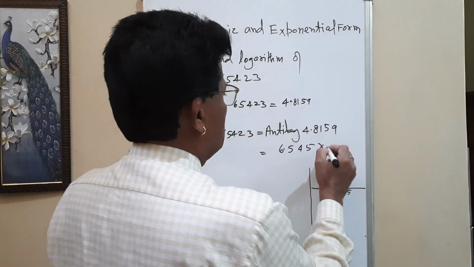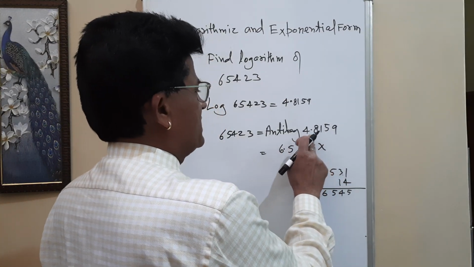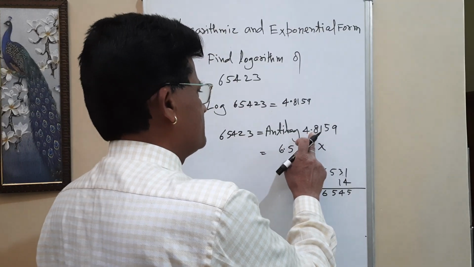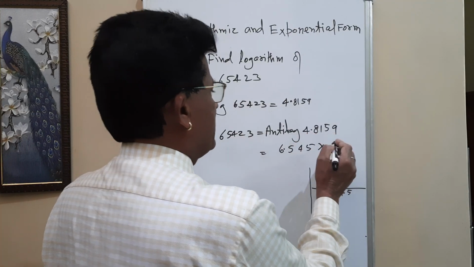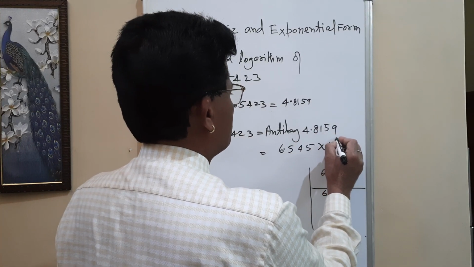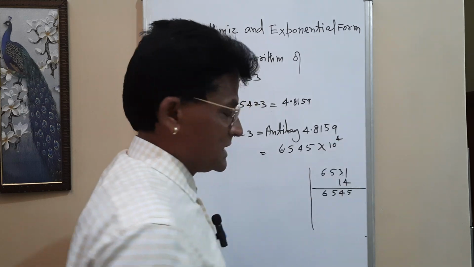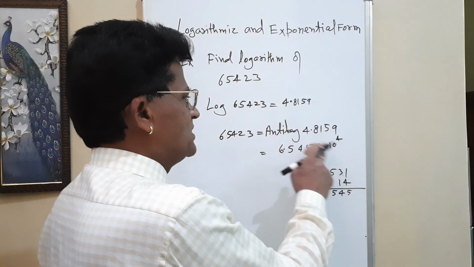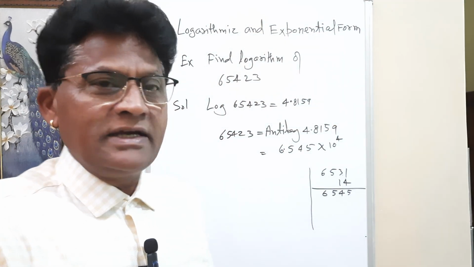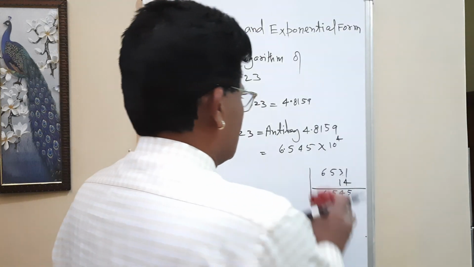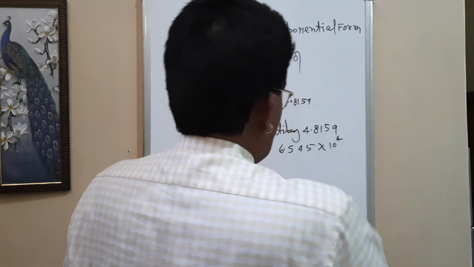And the characteristic, whatever it is, whether it may be negative or positive, you write it in the form of 10 to the power. The power will be 4. If the characteristic is positive, the power will also be positive. Okay? And that is a very important thing.